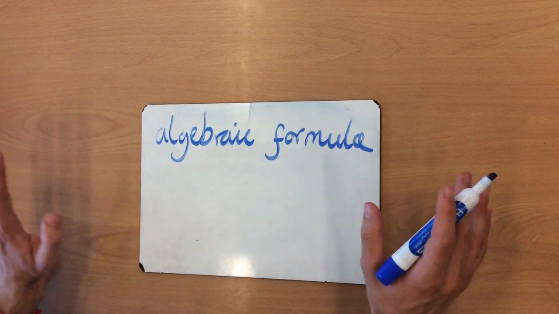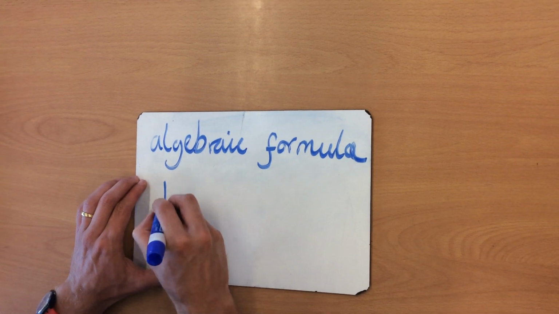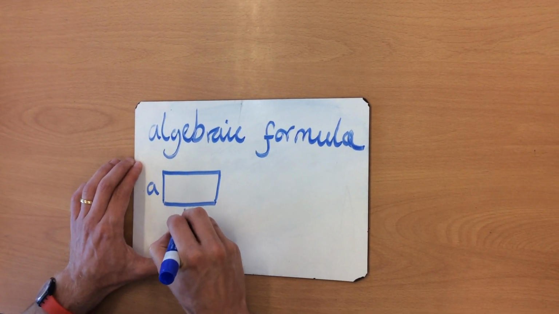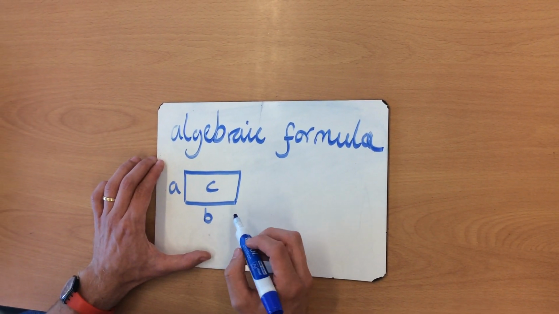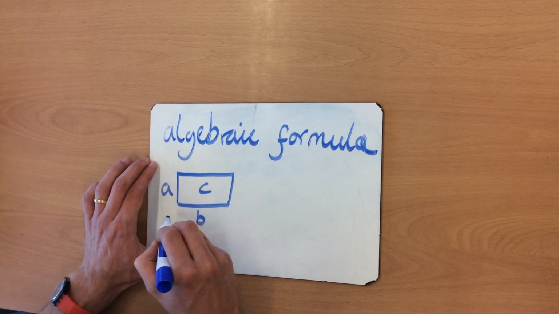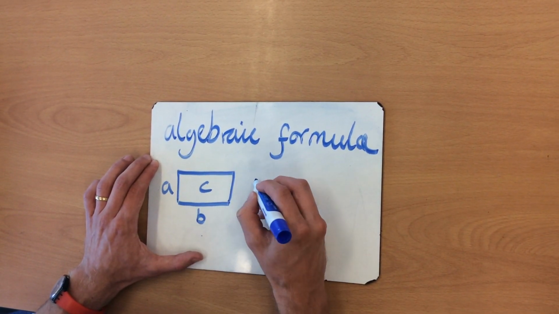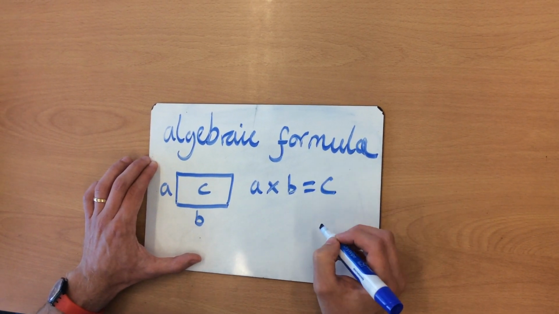If I could use an algebraic formula to find the area of a rectangle, that would be a great example. So if I drew a rectangle and I put A, B, and C, to work out the area of a rectangle, you know it's length times width, and that gives you your area. So I could rewrite this as A times B equals C.